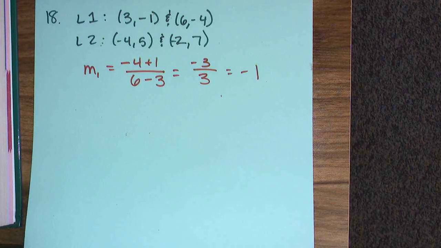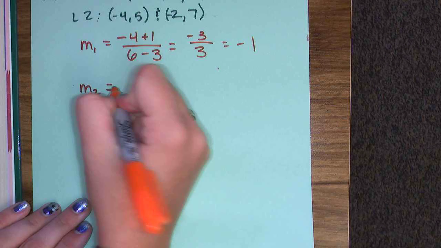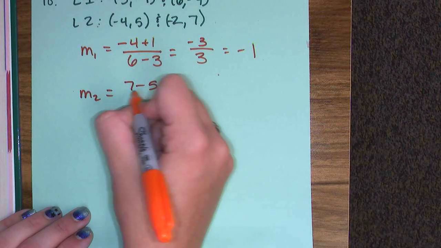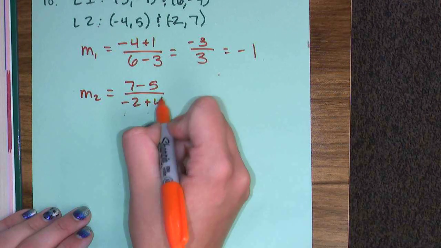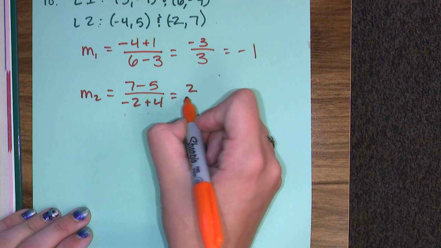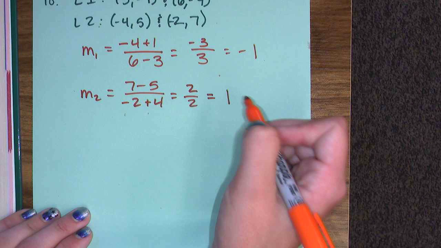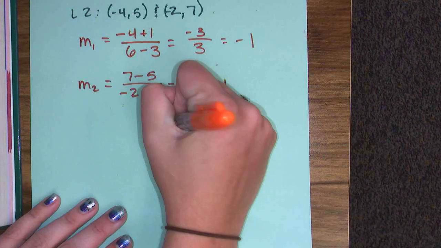Okay, negative 1. And then somebody set up the second one for me. Yes. Okay, it would be perpendicular.